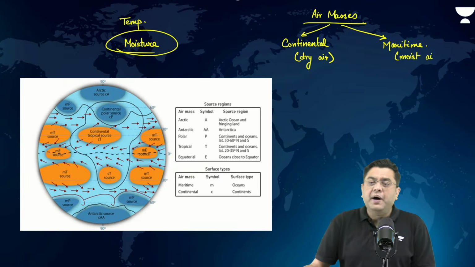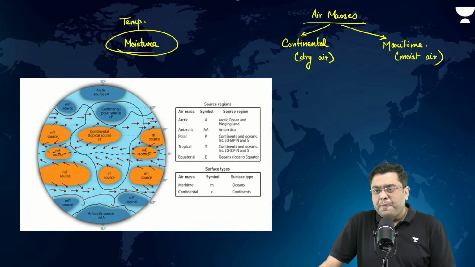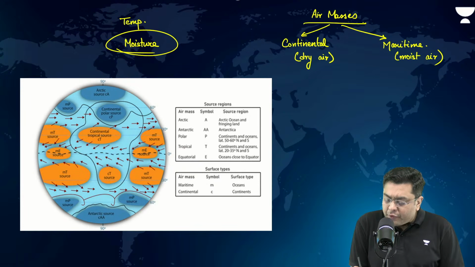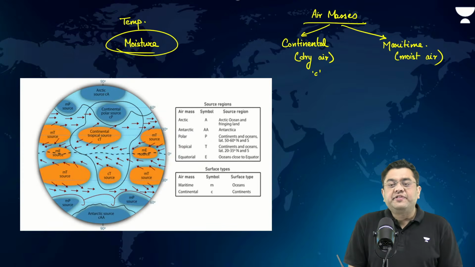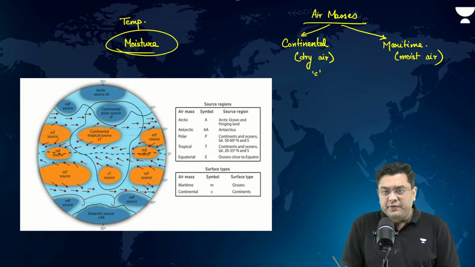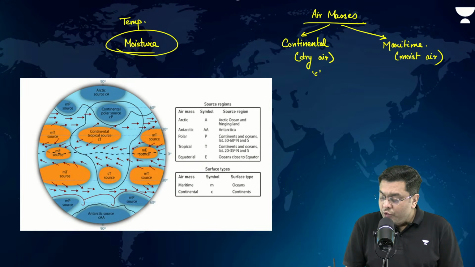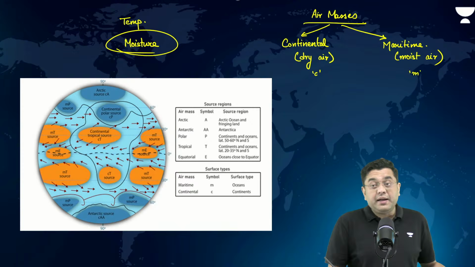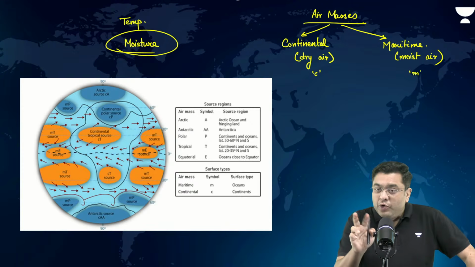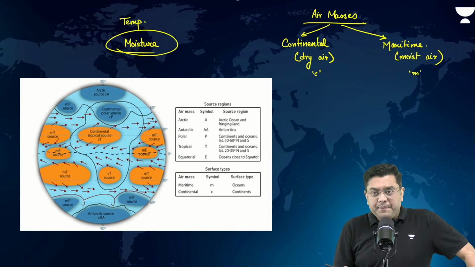So, any air mass which is dry, you have a prefix of a small c which is attached to the name of the air mass. Any air mass which is moist, you have a prefix of m which is attached to that air mass. That is how air masses can be named. This is the first part, the prefix.